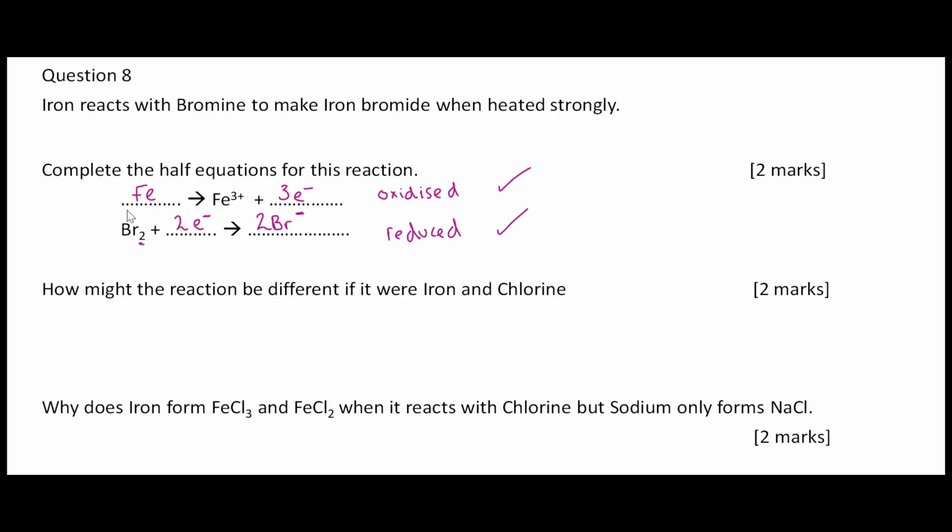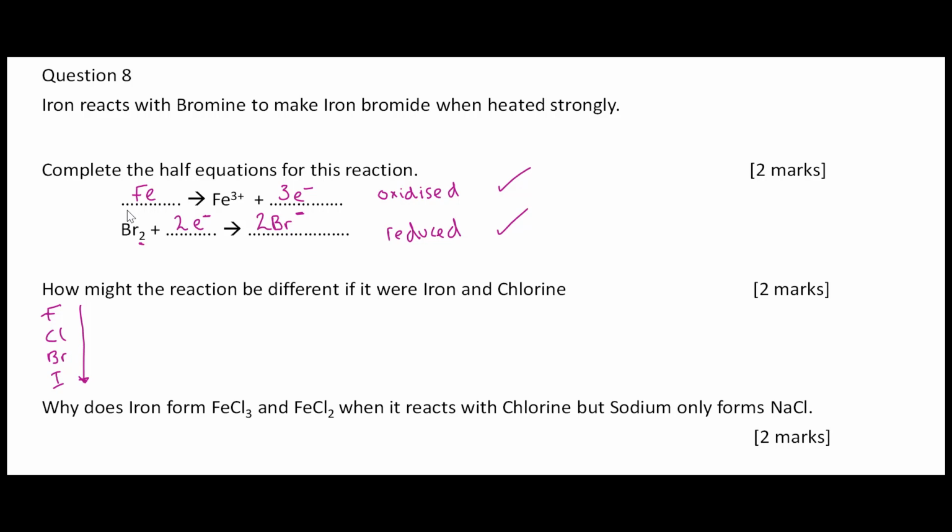Okay, look at question 2. It says, how might the reaction be different if it were iron and chlorine? Well, when we look at group 7, remember that fluorine's at the top, then you've got chlorine, then bromine, and then iodine. And the reactivity decreases as you go down group 7.